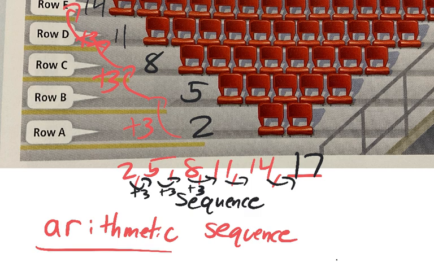So it's the exact same word as arithmetic. It means the exact same thing. The only difference is that one is a noun and the other is an adjective. Because this is an adjective explaining what kind of sequence, we pronounce it arithmetic. If it was a noun, like you do math, you do arithmetic, you say arithmetic. They're the exact same word, just different parts of speech.